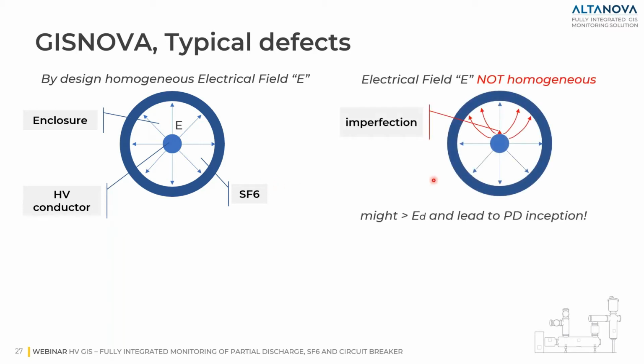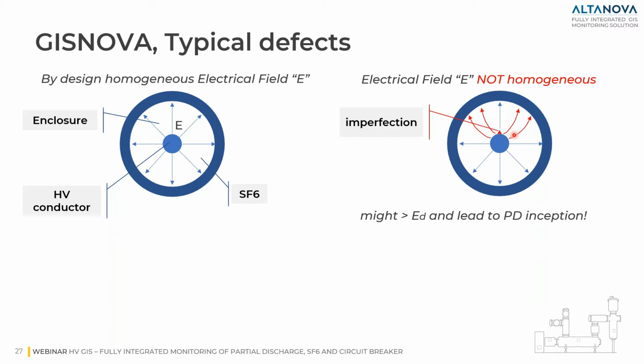But if we imagine to have an imperfection, as reported here, as a small red triangle, for example, attached to the HV conductor, well, in this case, the electrical field will change as reported in the picture and the red lines.